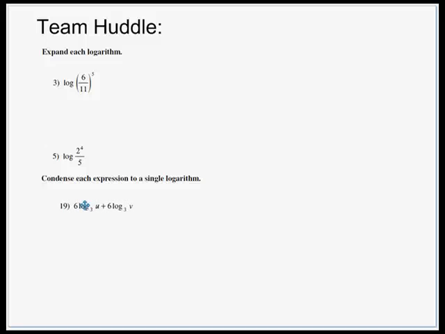And number 6, now it's a sum. So we're going to turn this into a product, a log of a product. So the first thing I want to do is move those exponents up. So this is going to become log base 3 of u to the 6th plus log base 3 of v to the 6th.